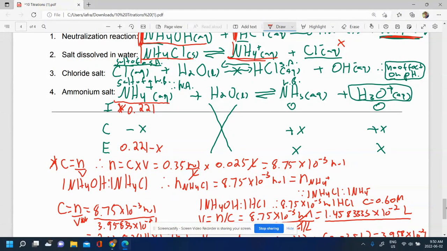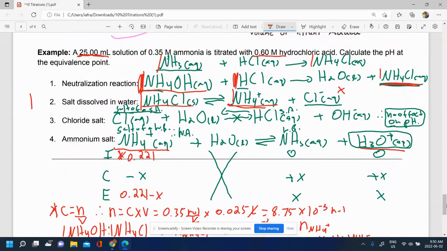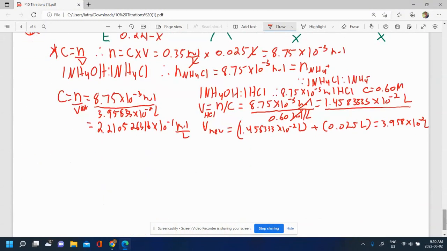Because it's giving away an H, it's making some H3O plus. So we have to make a Ka expression. This was our long step 1, our long step 2, and now we get to step 3, where we make a Ka expression.